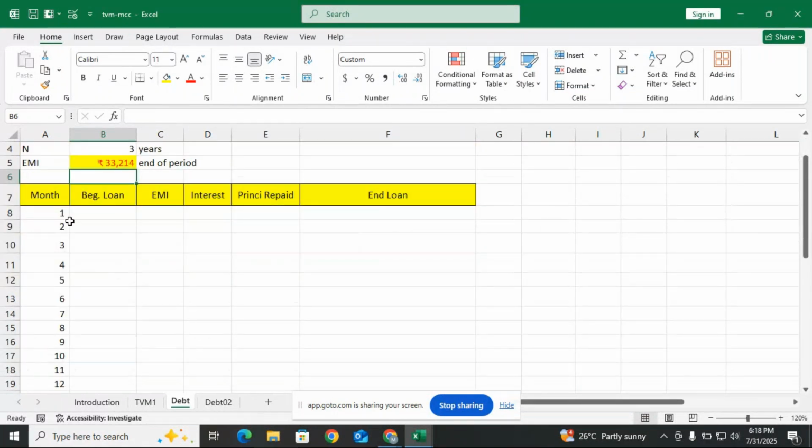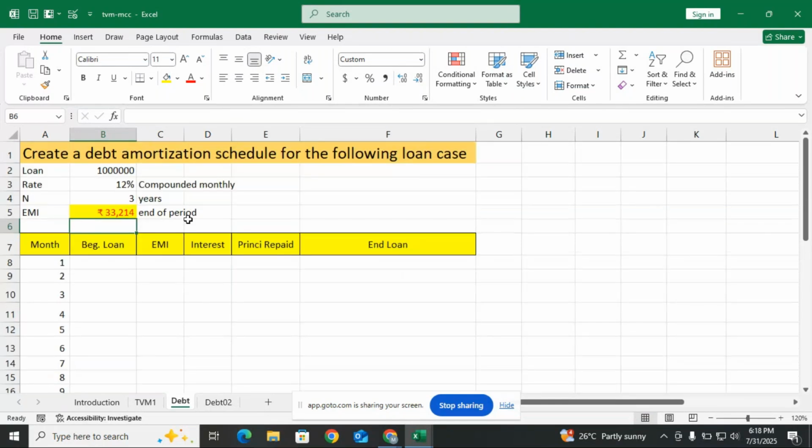Now we are going to build this schedule here. Before we start, let me tell you, see, it is already in the negative shade because EMI is the amount which is to be paid on a month to month basis, correct? So it already appears as a negative value. For these calculations at the bottom, we are going to take the reference of the cell.